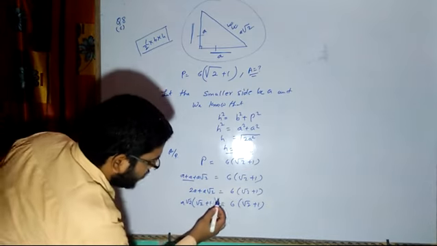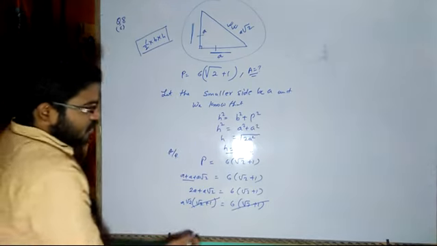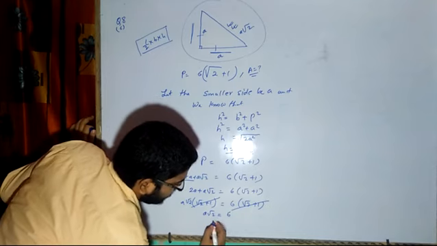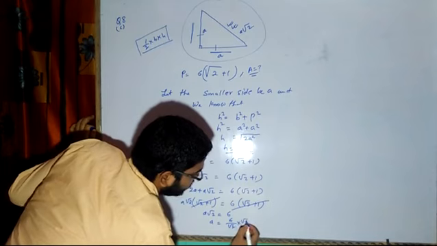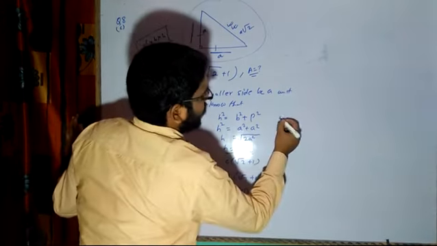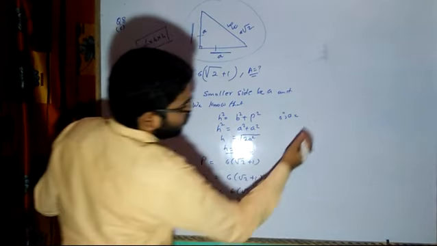So from this side you can see that (root 2 plus 1) and (root 2 plus 1) will be cancelled. So I will be having A root 2 is equal to 6. So A will be equal to 6 upon root 2. After rationalizing, A will be equal to 3 root 2.